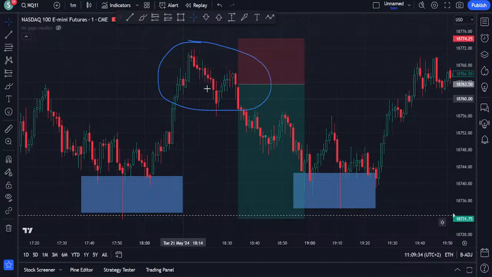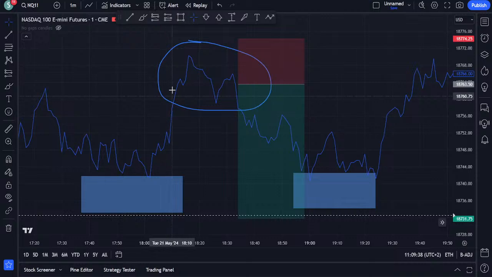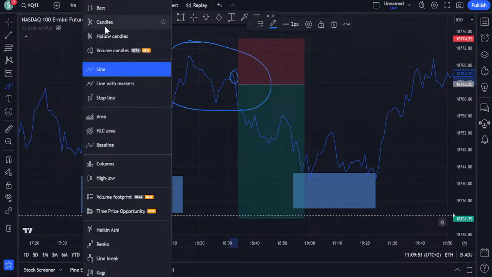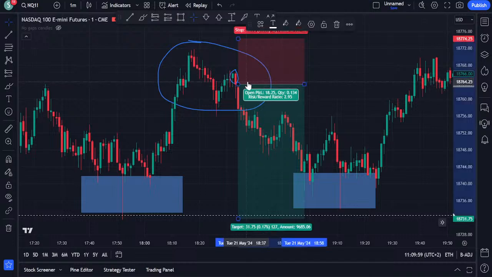Now, look at this circled area. High, break down, we come back there, right? I'm not sure there's something there, but let's look at what bars show me. Yeah, the short, yeah, engulfing signal, right? Like this.